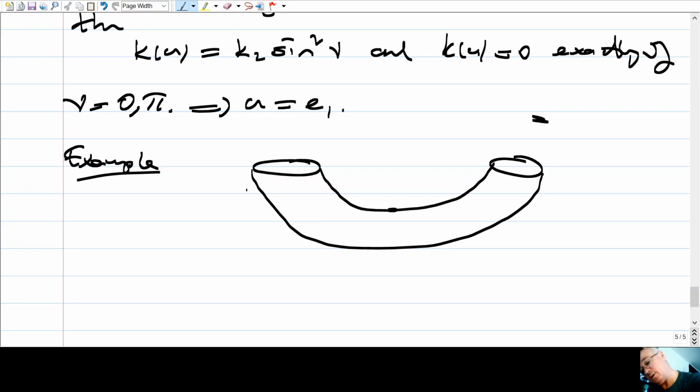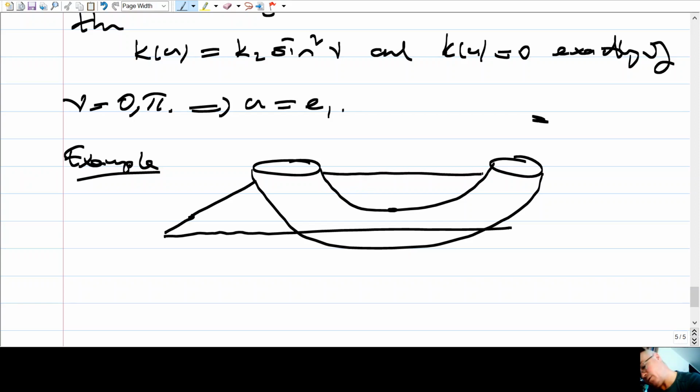Take this, and let's say I cut the surface like this. So this is the plane P. This is our surface, in this case a torus.